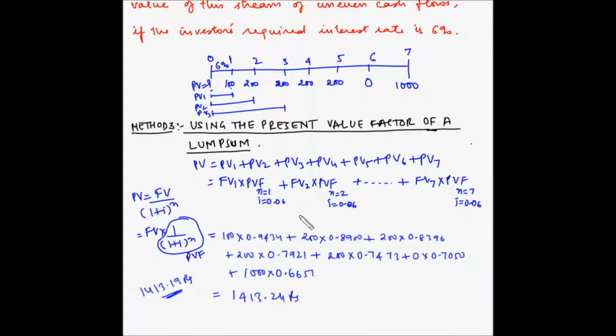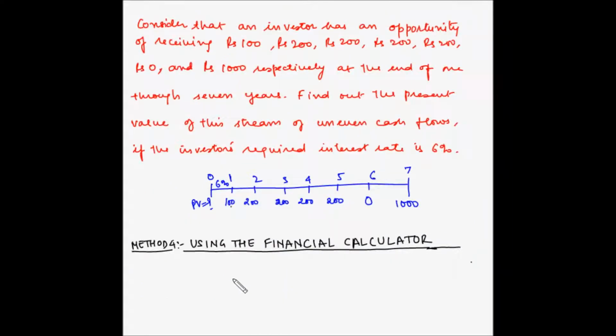However, depending on the preferences, some people may find this easier because it is simple to calculate as compared to the first method, where we had little complicated calculations because we had exponential values and 1 by x and so on. Now let's look at the fourth method, which is to use the financial calculator.